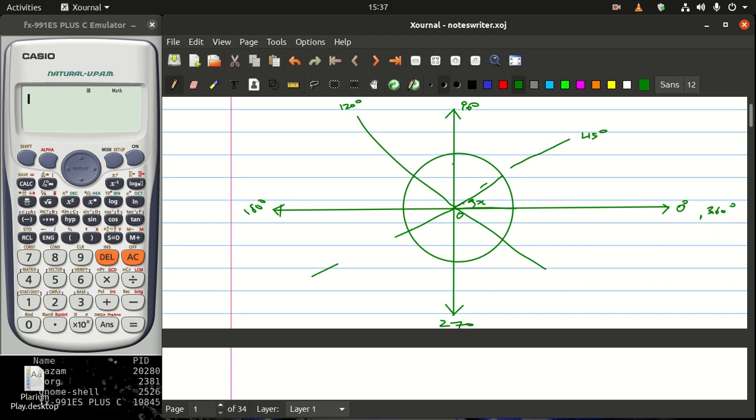We said that these are in degrees, and we want to convert them to radians. One thing that you have to note is that 360 is the same as 2 pi radians. So 180 is half of 360.